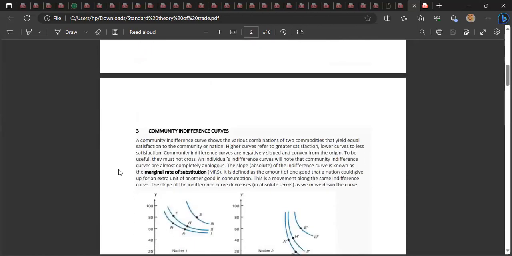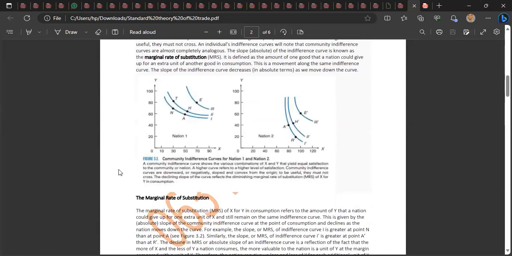And then these here are community indifference curves. So what is an indifference curve? An indifference curve will basically show you your level of satisfaction, right? It basically measures your level of satisfaction between these two commodities. So the higher, the better, right?